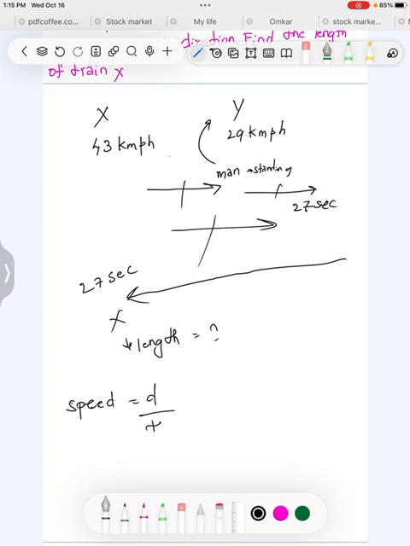Then what do you think about it? Just tell me, what is the formula for length? Any idea?